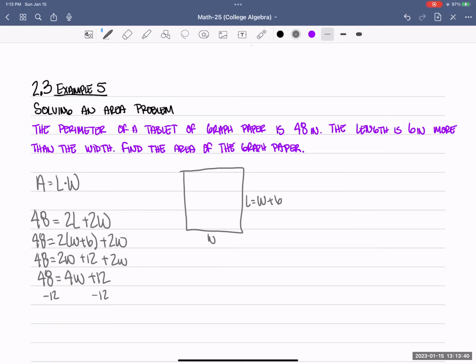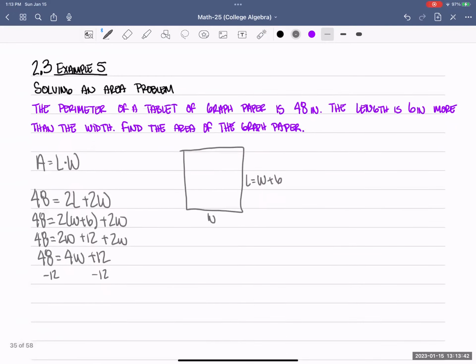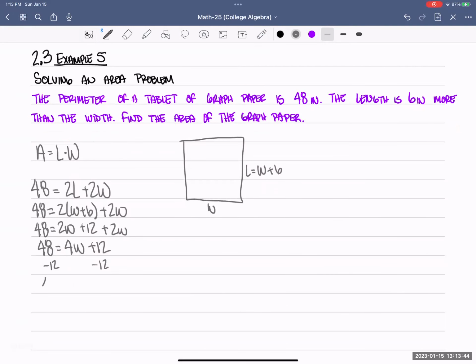I like working with my variable on the left side, so I'm going to switch the sides, making 4W equal to 48 minus 12, which is 36. We can divide both sides by 4 to get W by itself. So W is equal to 36 divided by 4, which is 9.